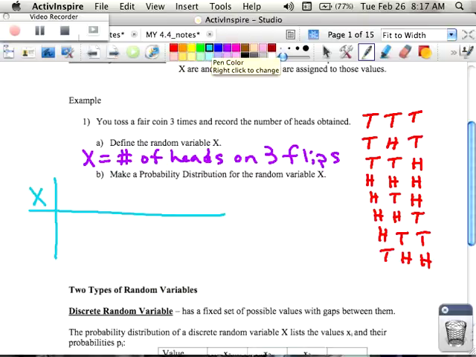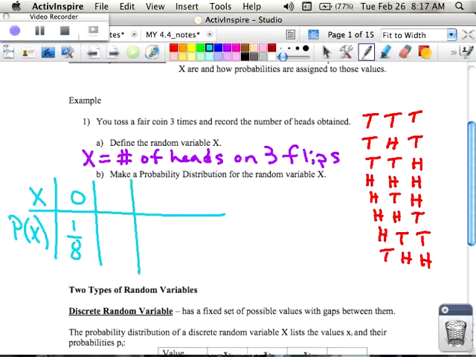And then the second thing I'm going to talk about is what is the likelihood or the probability of that event occurring. So one of the outcomes that could happen when I flip this coin 3 times is I could get no heads. And the likelihood that that's going to happen out of all of our charts over there is 1 in 8.